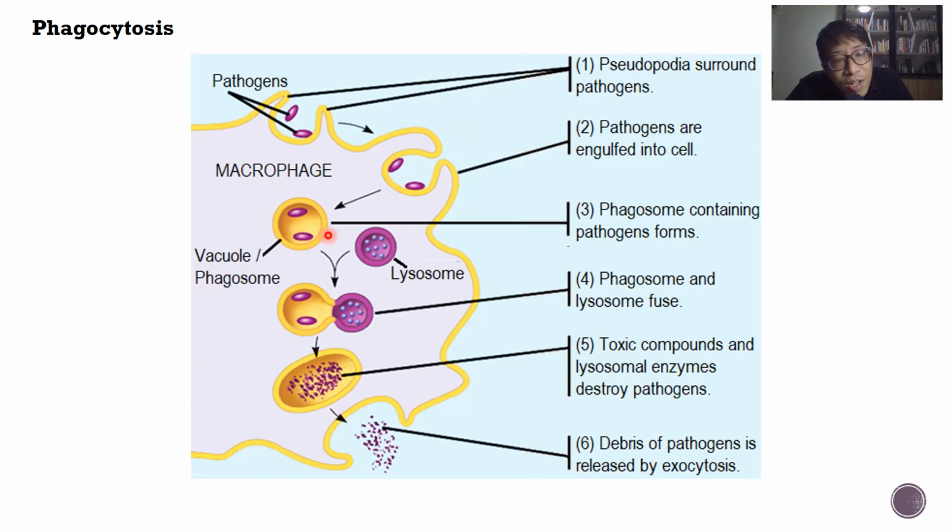Once within the cell, right, the pathogens are placed in a phagosome, which fuses with the lysosome, so the hydrolytic enzymes can digest the pathogens, right? After that, the debris would be released, and certain fragments of the pathogens might remain in the cell for other functions, but most of them are released.